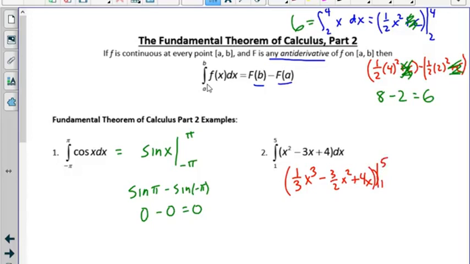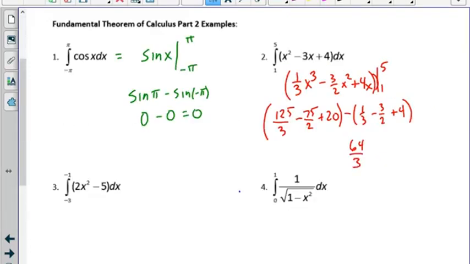So I substitute 5 in. I get 125 over 3 minus 75 over 2 plus 20. And then I'm going to subtract 1/3 minus 3/2 plus 4. And so then I get 64 thirds.